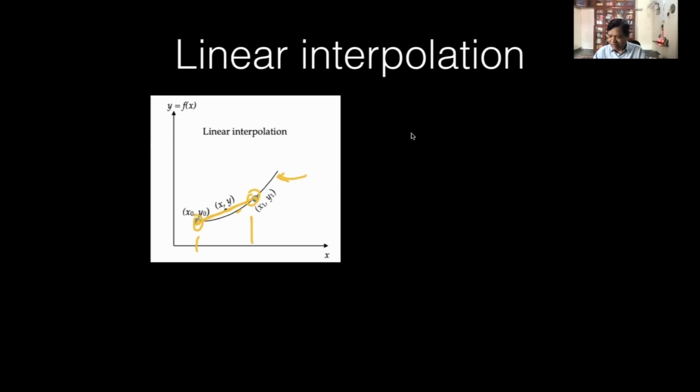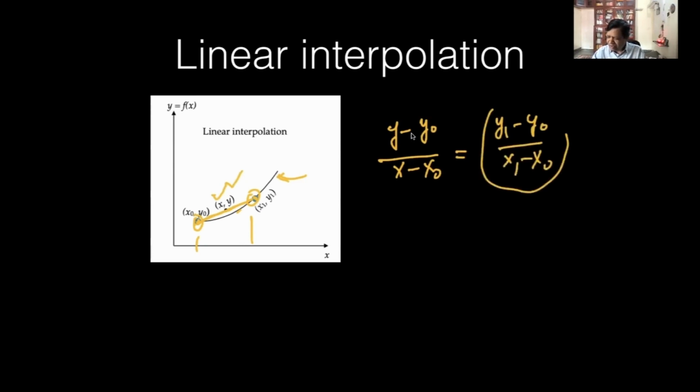In essence, what you do in your classes is (y minus y0) divided by (x minus x0), right? This is the point where I want to get the value, x comma y, equal to (y1 minus y0) by (x1 minus x0). This is known to me.